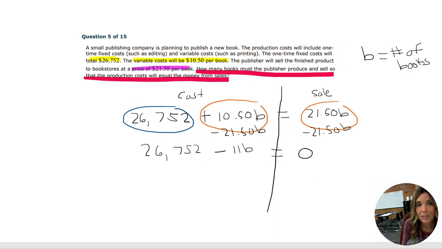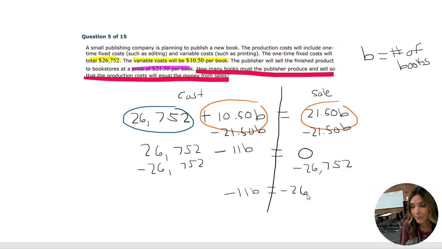And now we want to move this number over to the other side. We want to make sure that we have variables on one side, numbers on the other, and we pay careful attention to our signs. Our last step here is to divide both sides by negative 11. That will tell us how many books we need to sell.